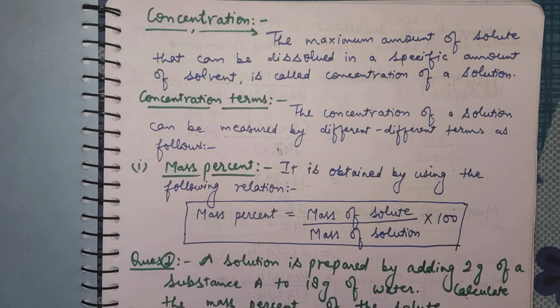For example, whatever the limit, suppose we dissolve 50 gram of sodium hydroxide pellets in 100 ml of water or 250 ml of water, then it's a given amount. We consider it quantitatively in grams. So let's suppose 50 gram of sodium hydroxide dissolves in 250 gram of water.